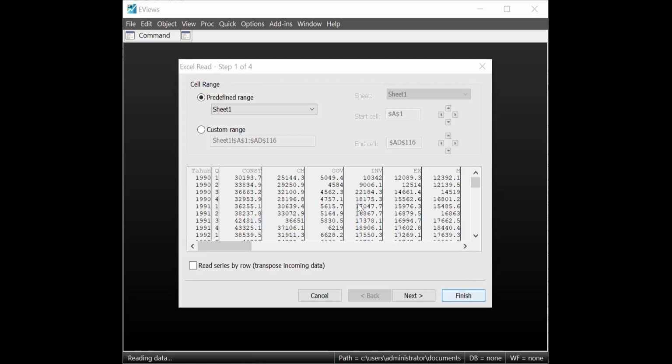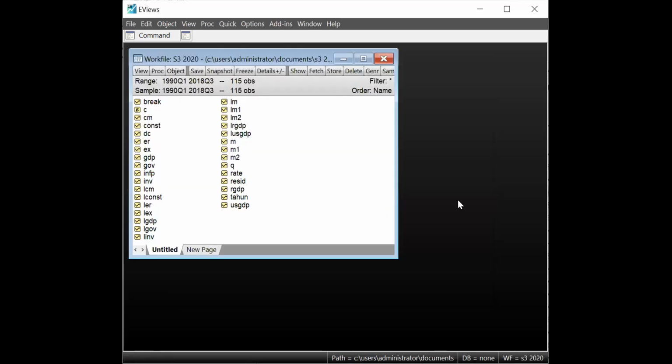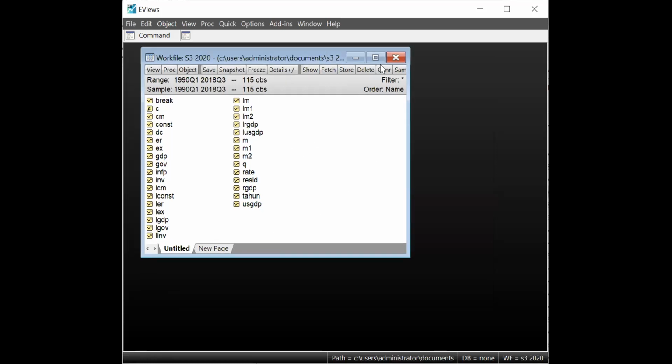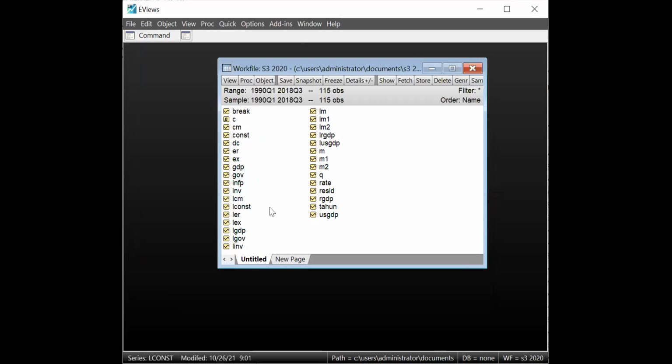Now we want to estimate, for example, some variables here. We have money demand, M1, as a function of income, GDP, and interest rate, R rate, and also price level, inflation.